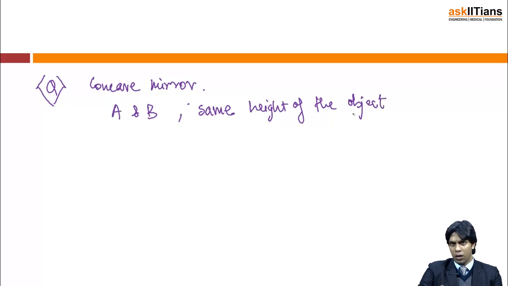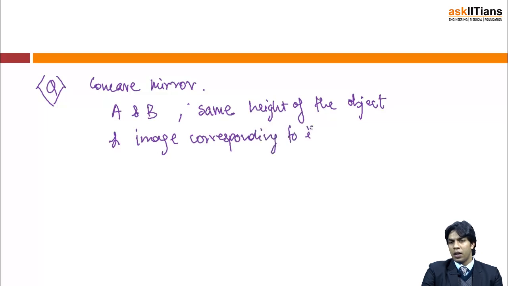That is, A and B are 2 points where I have kept the same object, and I end up getting an image of the same height.